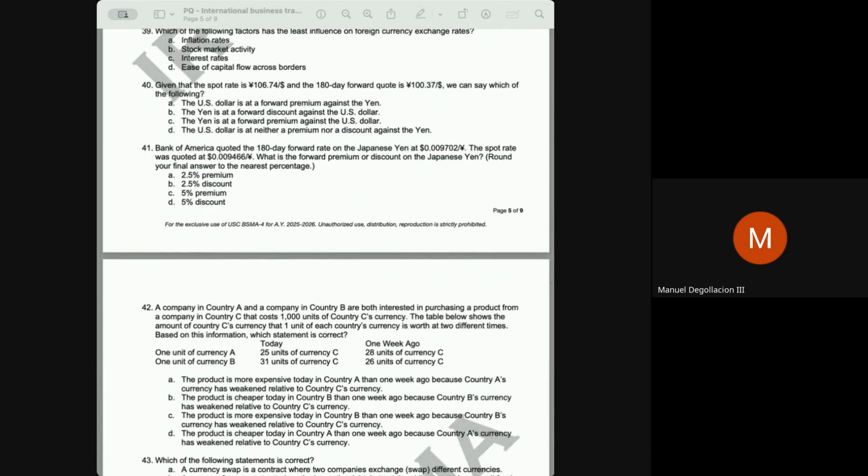41. The Bank of America quoted the 180-day forward rate on the Japanese yen at 0.009702. The spot rate was quoted at 0.009466. What is the forward premium or discount on the Japanese yen?